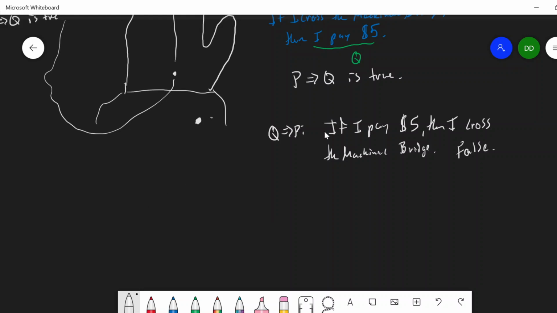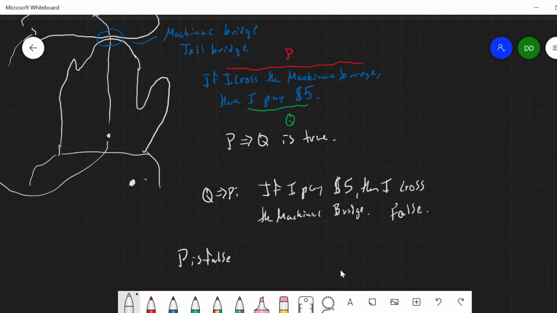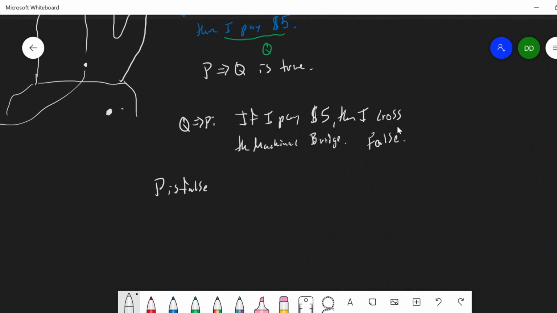So let's pretend that P is false. So let's pretend that I do not cross the Mackinac Bridge.